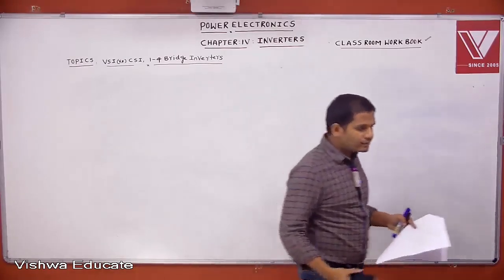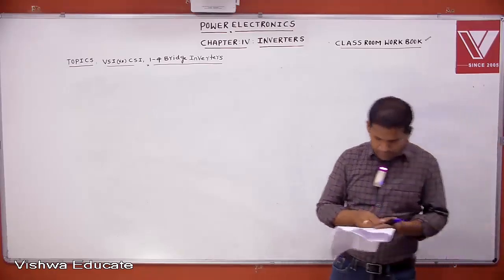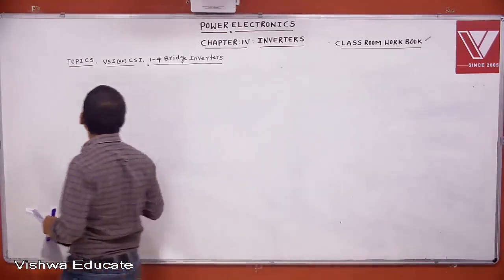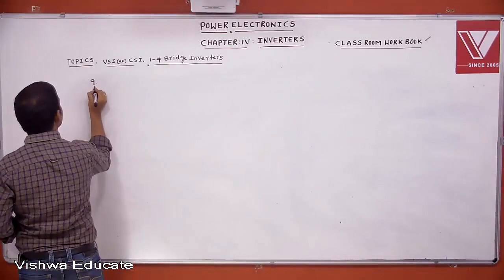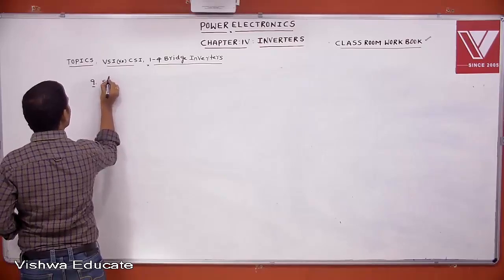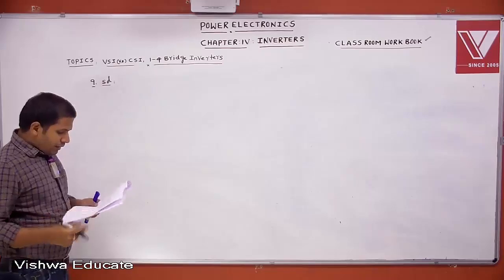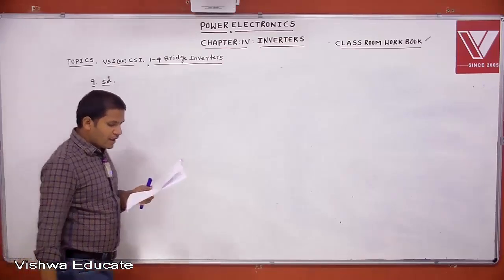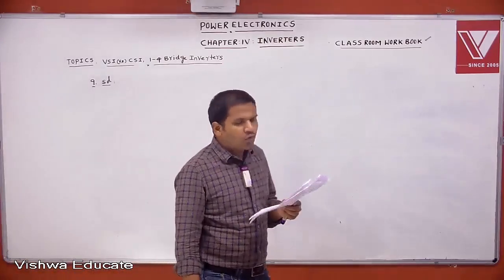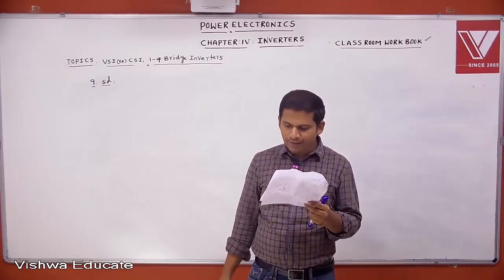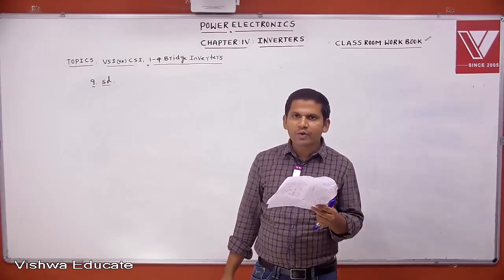Yes, concentrate, 9th question, all of you. What is the solution for this question? A single phase full bridge inverter has RLC load R equal to 4 ohms, L equal to 35 millihenry, C equal to 155 microfarads.